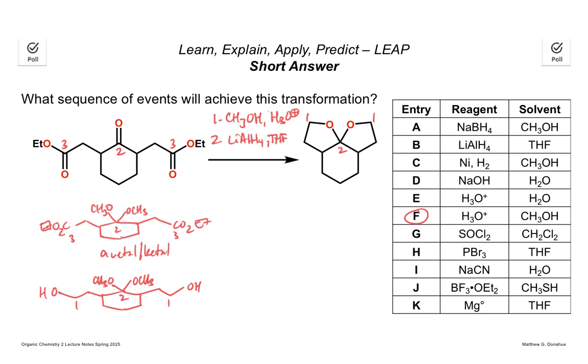So for step 3, we can just treat with acid and water. And the equilibrium will drive those side chains to cyclize to the ketal.